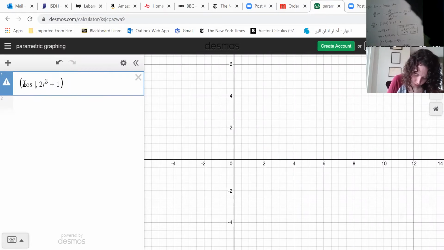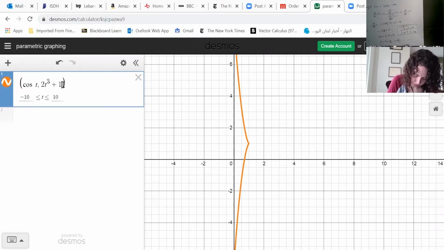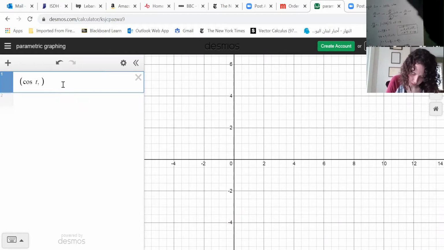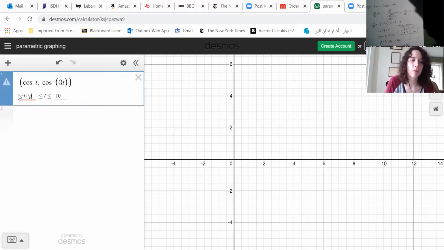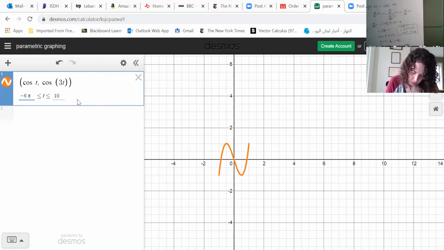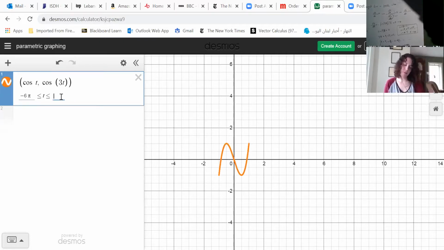So it's the cosine, and I think they want t, not theta here, so I will put cosine t, cosine 3t, and I want t to go from minus 6 pi to 6 pi, and see if I get anything that makes sense.